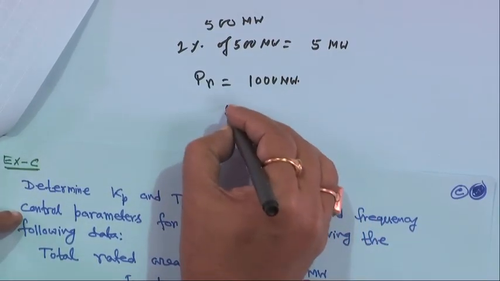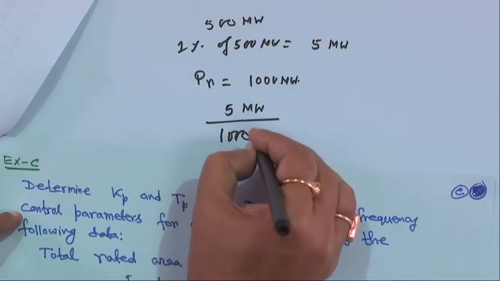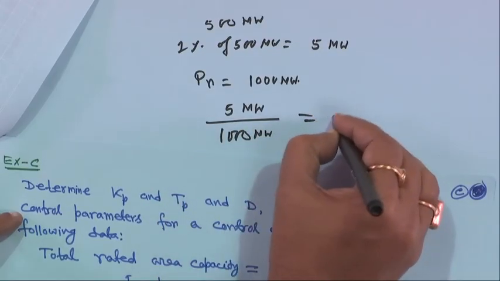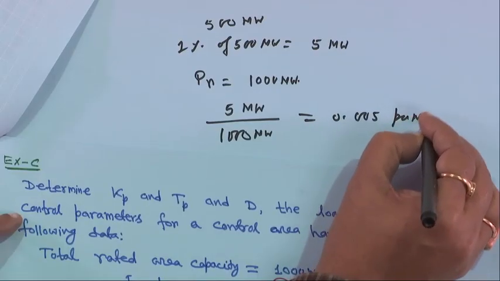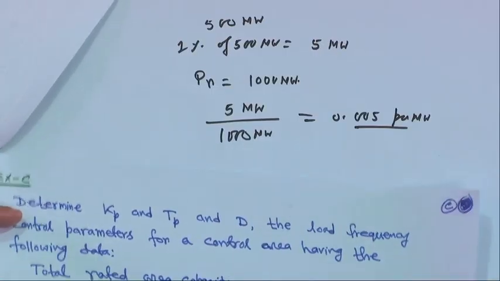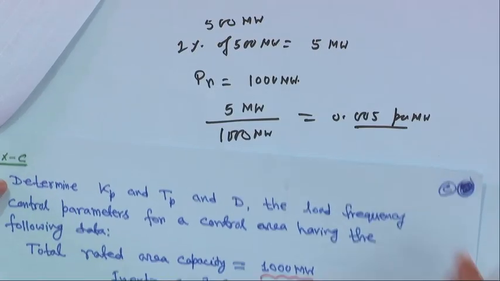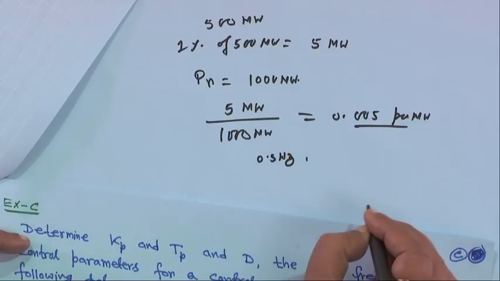Therefore if you convert this 5 megawatt to per unit by 1000 megawatt, it will become 0.005 per unit megawatt, right? That's why we have divided it by 1000, and the change in frequency is 0.5 hertz.